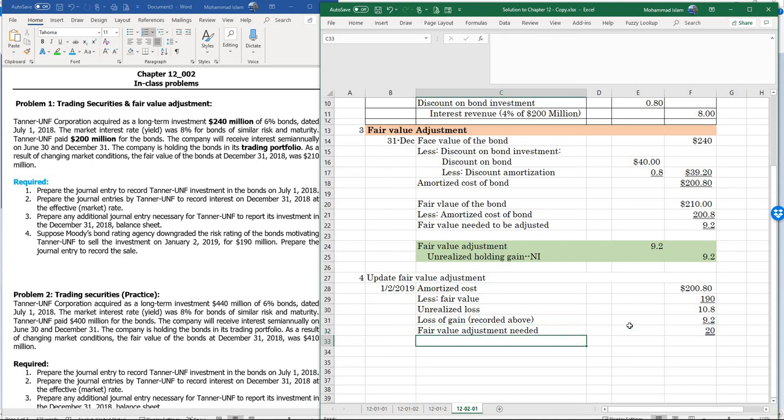So on January 2nd, 2019, our entry should be: unrealized holding loss, which is reported in net income, NI, of 20 million, and fair value adjustment of 20 million. So this is how we record.